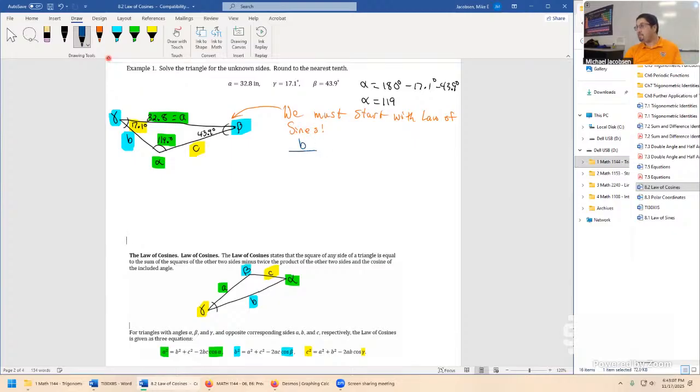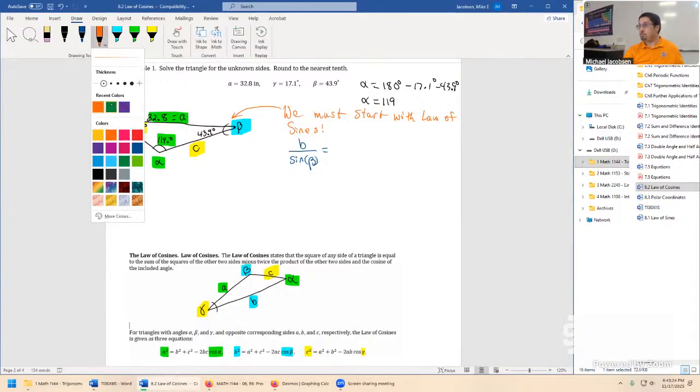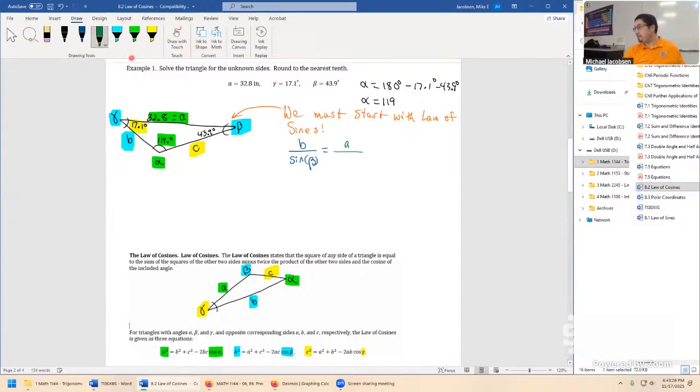So B divided by sine beta is going to be equal to, if we're using this to this, we have one unknown, B. And now if we go from A to alpha, those are two knowns, so law of sines would work. So this would be A divided by sine alpha.